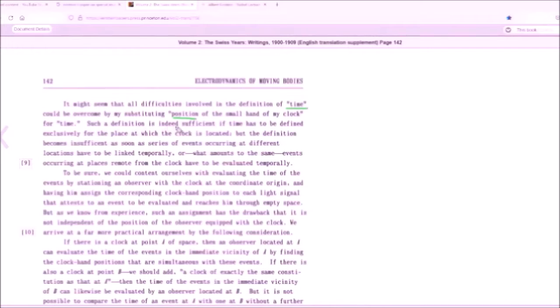Such a definition is indeed sufficient if time has to be defined exclusively by the place at which the clock is located. So the clock is located at a place, and he is going to find the place of the small handle. But the definition becomes insufficient as soon as a series of events at different locations, each with a clock, have to be measured.